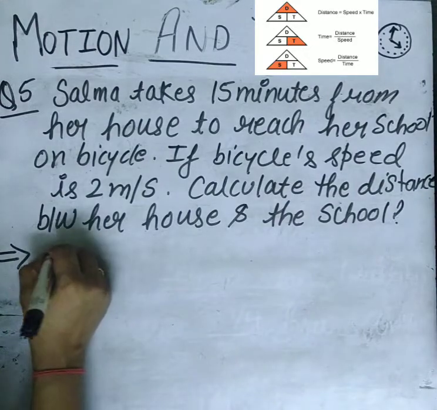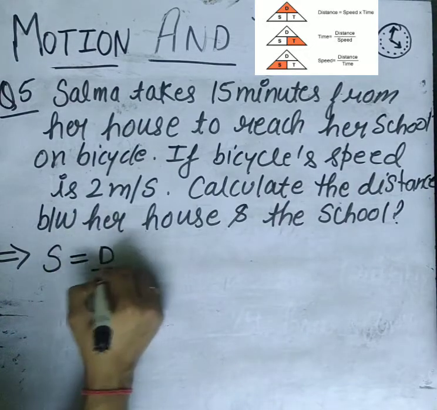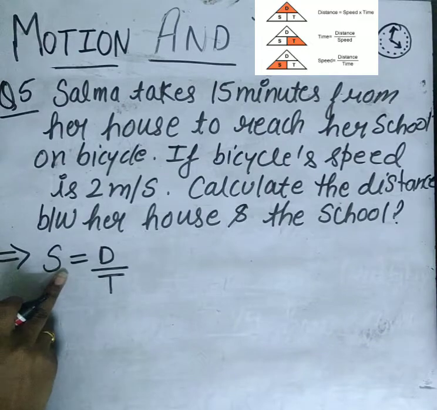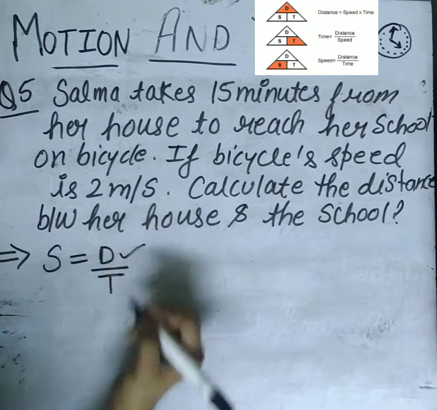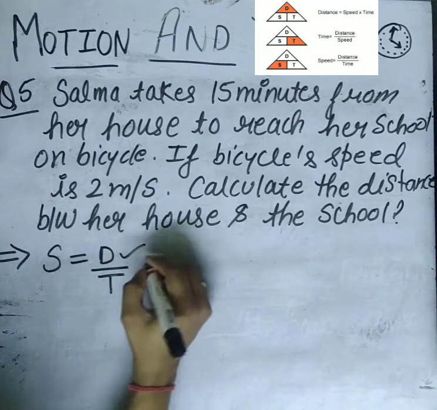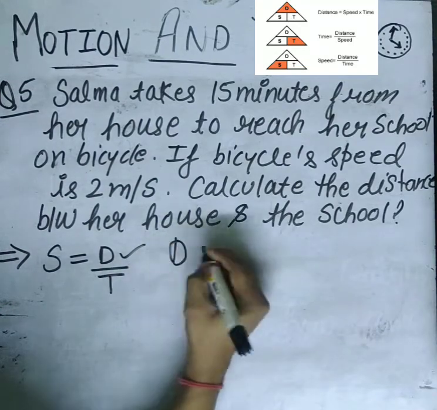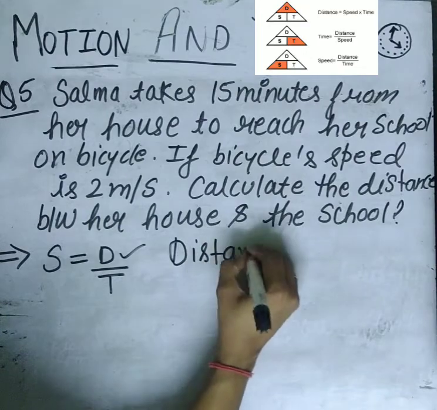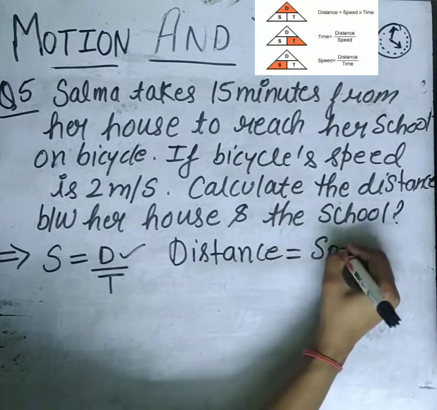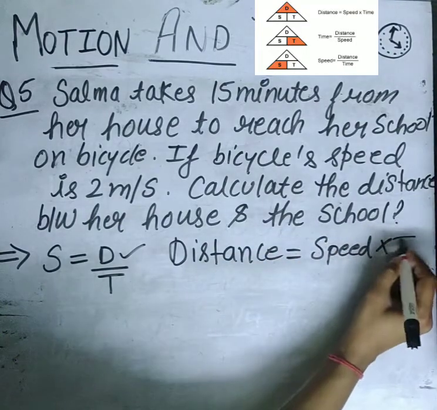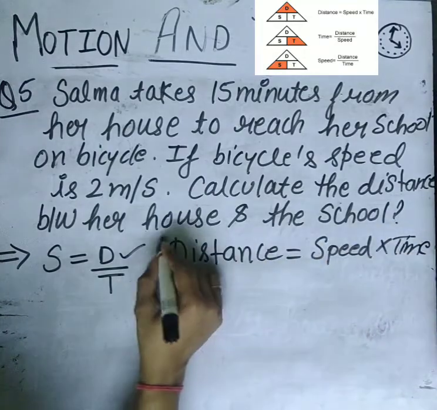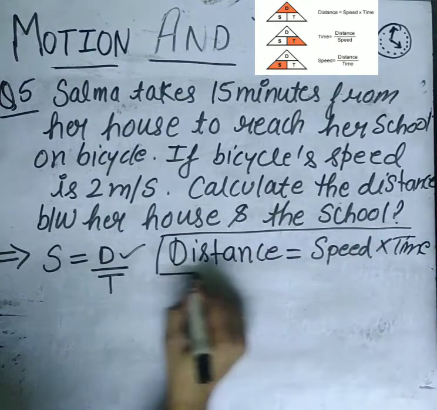So, as we all know, speed is equal to distance upon time. Now, if I am provided with speed and time and I have to calculate the distance, a new formula will originate from here: distance is always equal to speed into time. So keep this in mind if you want to calculate the distance for something.